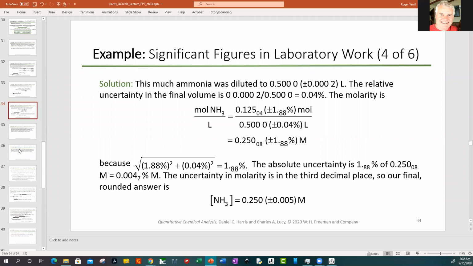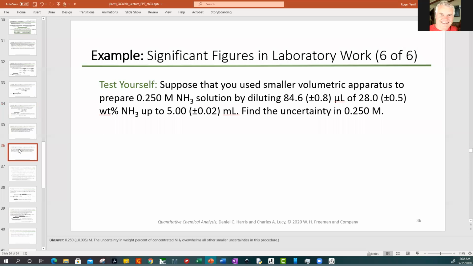I think it's probably this one. 0.25 molar, which are 6.4. Oh, this is micro. I see. I've done both of these.